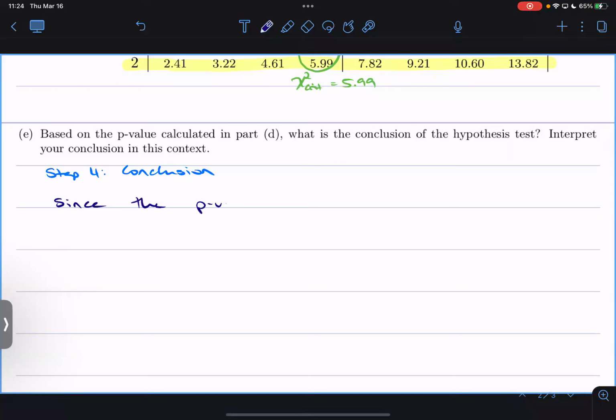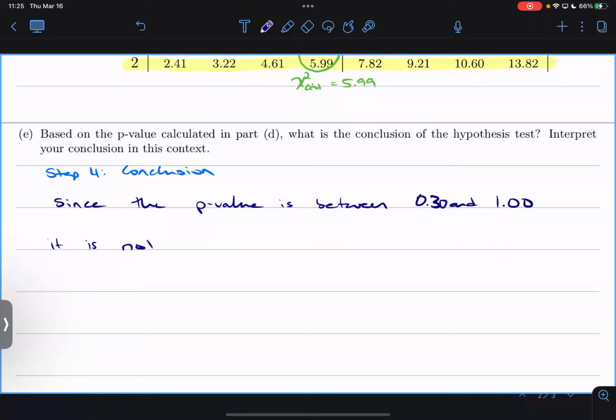Since the p-value is between, and I'm just going to say what it is between, 0.30 and 1.00. I just like to have 2 decimal places. Since the p-value is between 0.30 and 1, it is not less than the alpha level. Because I'm assuming it's 0.05, this is overkill, but usually I just say the assumed alpha level of 0.05.